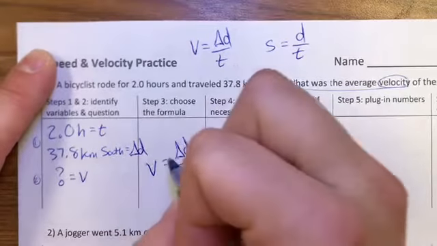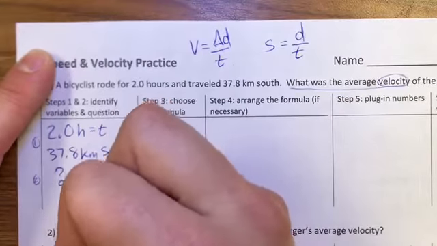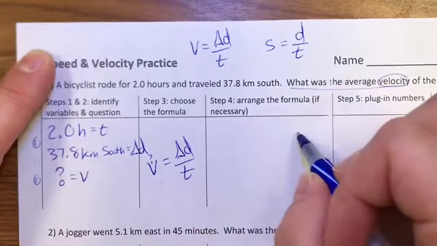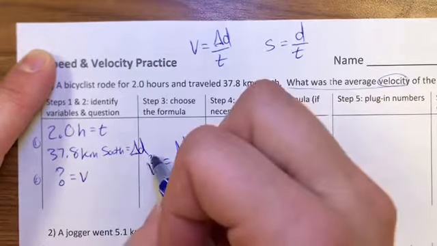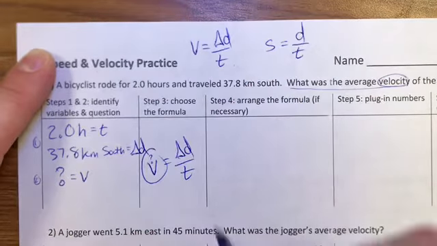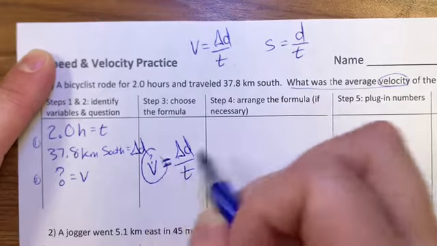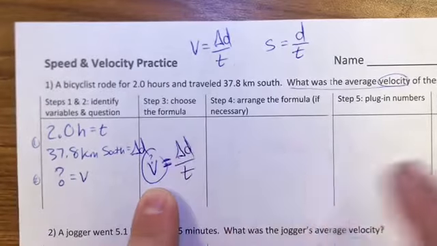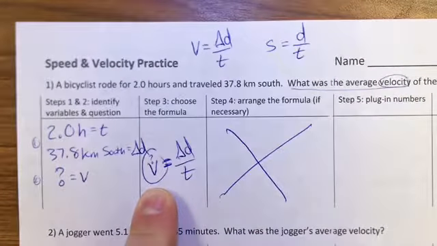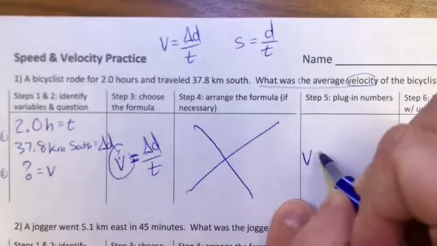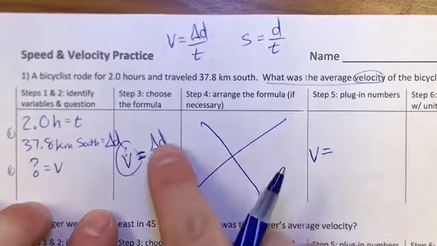Now ask yourself, for step 4, do we need to rearrange the formula? If velocity is the question, do we need to rearrange the formula? No, we don't, because this formula is set up to solve for velocity. So we can skip step 4. Step 5, plug in. So velocity is equal to, so we're going to do substitution.